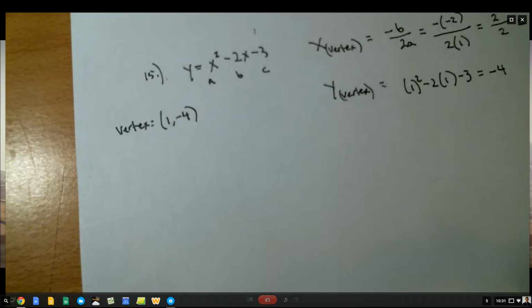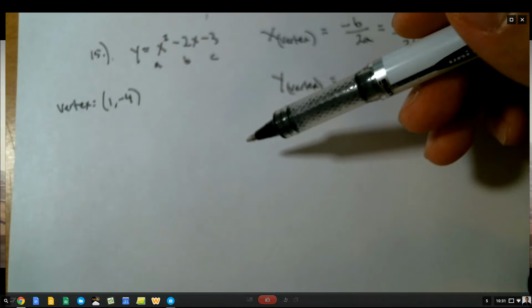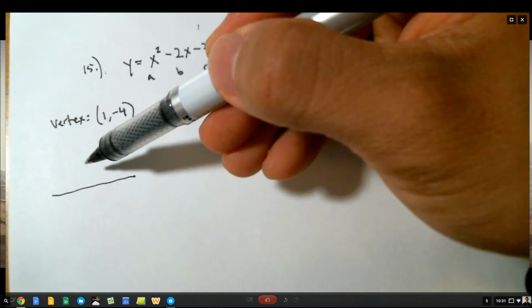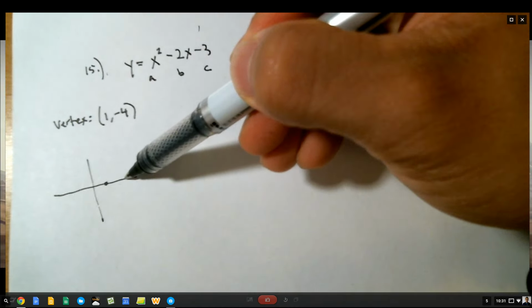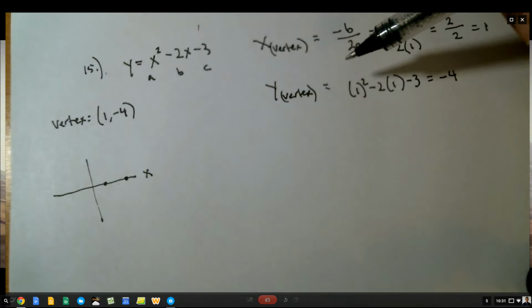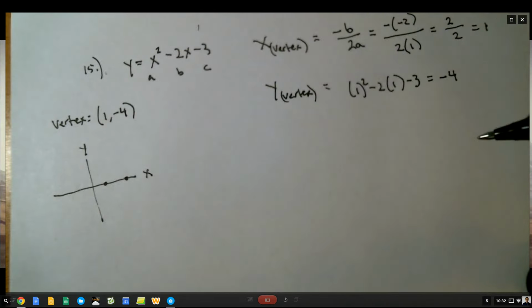So let's do that. Do you guys remember how to find the x-intercept? Geometrically speaking, what are we talking about? We're talking about where the graph crosses the x-axis. Where does it cross the x-axis? And how do we find that out?